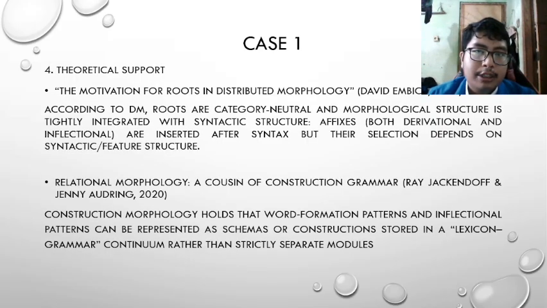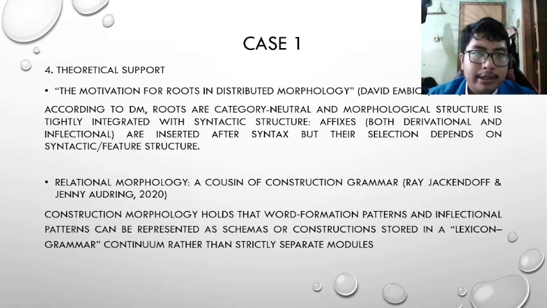And for theoretical support, the motivation for roots in distributed morphology by David Embick 2021. According to DM, roots are category neutral and morphological structure is tightly integrated with syntactic structure. Affixes, both derivational and inflectional, are inserted after syntax, but their selection depends on syntactic or feature structure.